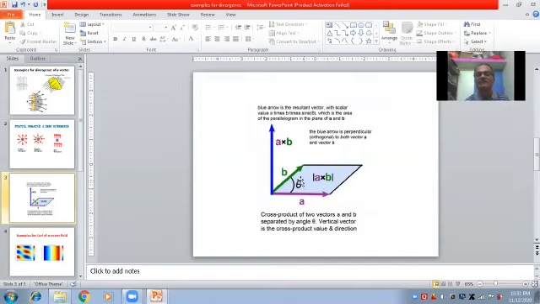The magnitude of A cross B gives that area. When the cross product of these two vectors is taken, we get a third vector, this blue line, that is perpendicular to the surface area containing these two vectors A and B. So the cross product of two vectors gives another vector, and that vector is always perpendicular to the first two vectors. So that is seen here vectorially.